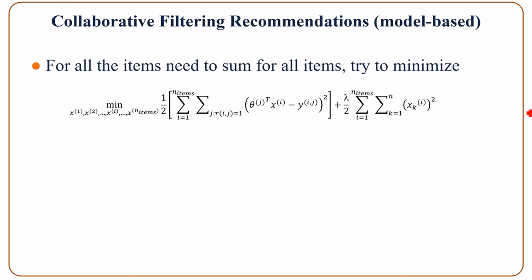And because we need to do this for all the items, we need to sum over all the items. Here we put the sum for all the items in here and in there. And we minimize the cost function for all the items.